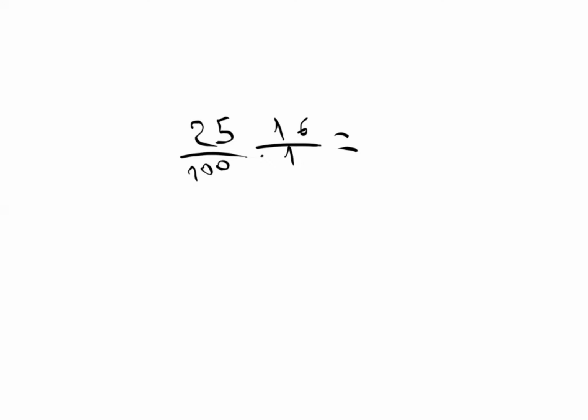Now, let's try. 25 times 16 is 400 over 100, which is also just 4. We found it! X is 16. Yay!